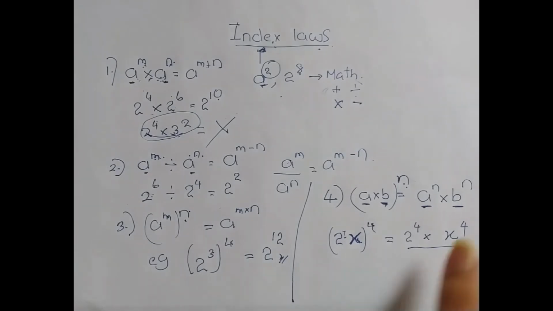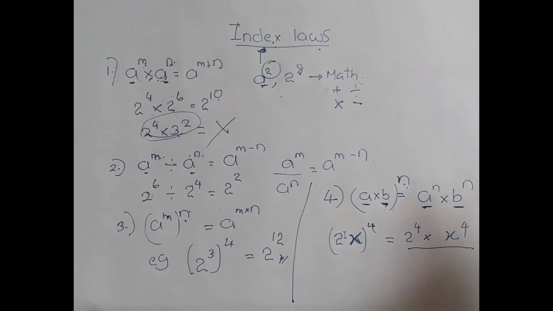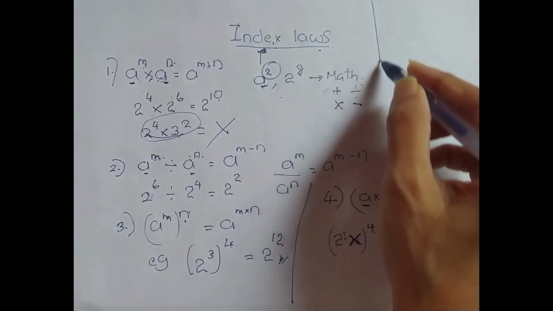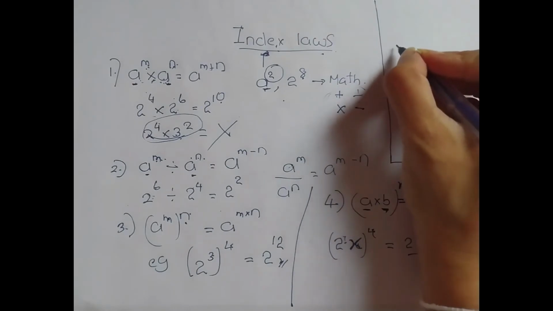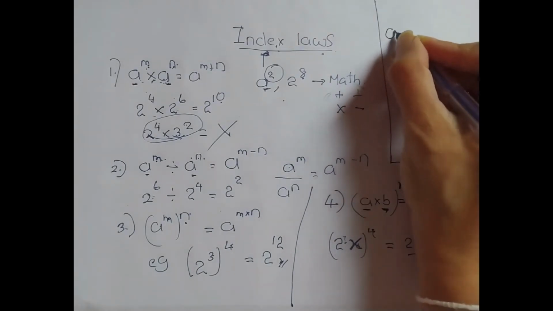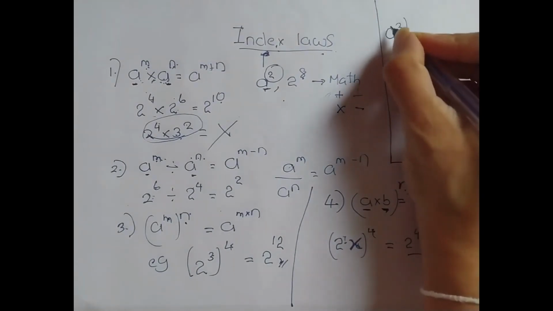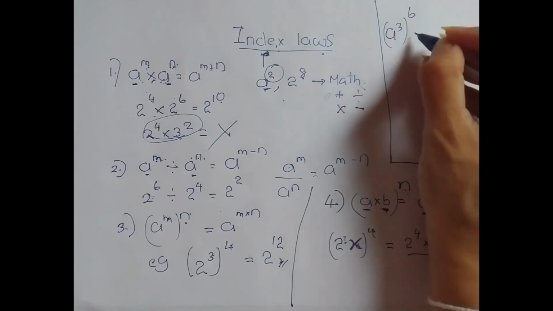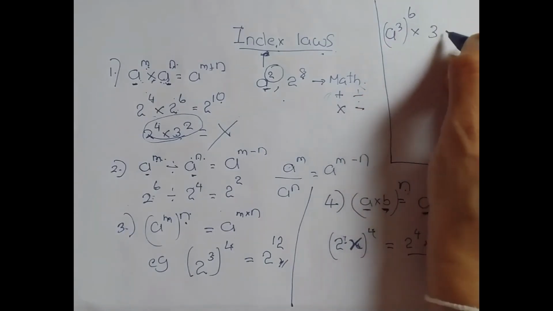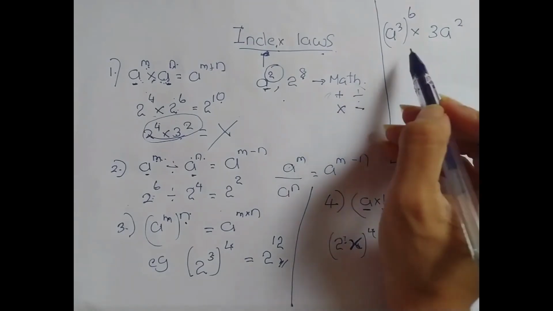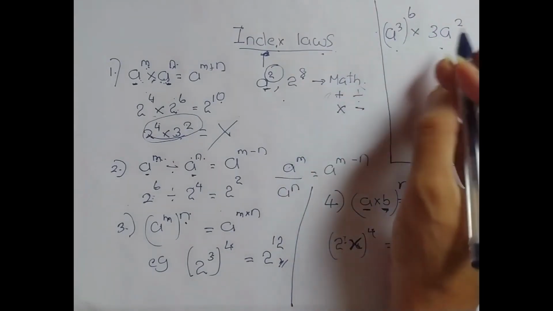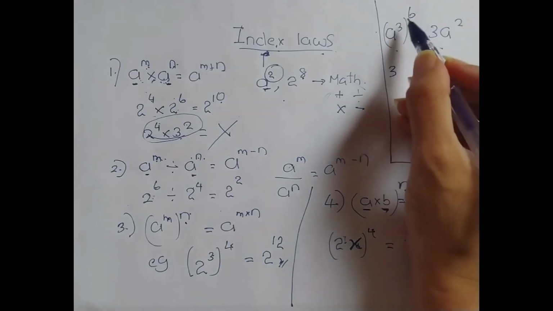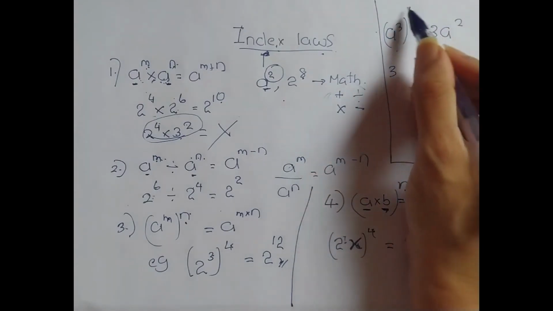Okay, so I think you understood a bit about this, and now we'll see how to do a sum with this. For an example, if it is a to the power 3, whole thing to the power 6, times 3a squared, how do you solve this type of sum? You can take this 3 here, and then you can see there is multiplication.